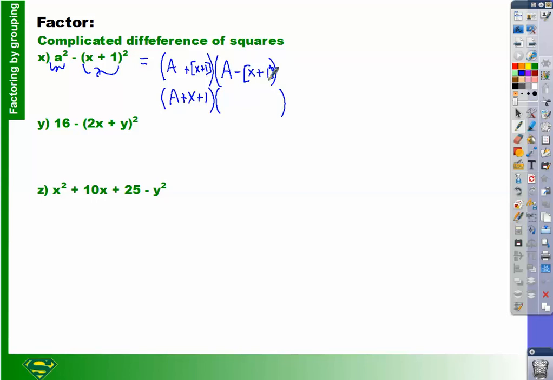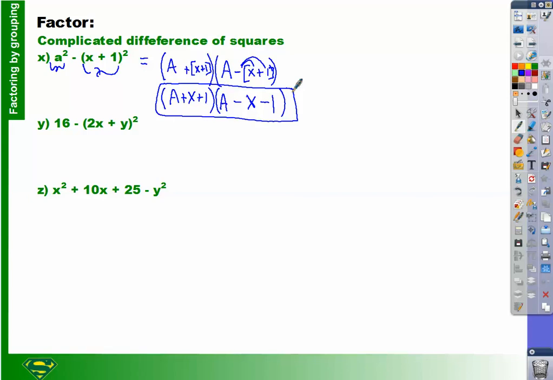So that means this negative sign gets distributed to both those terms. So my a remains positive, so I have a minus x minus 1. And that is my final answer. You will notice that I cannot say anything is squared because these are not identical binomials. There is a distinct difference in the signs.